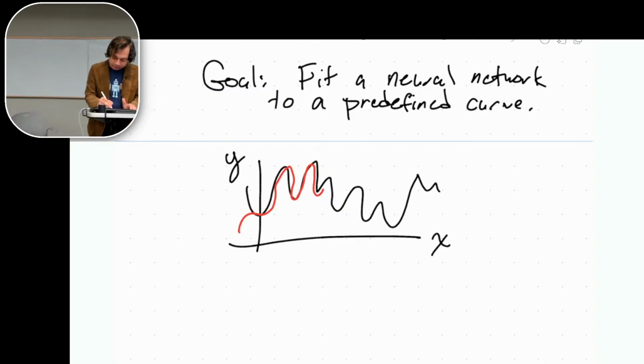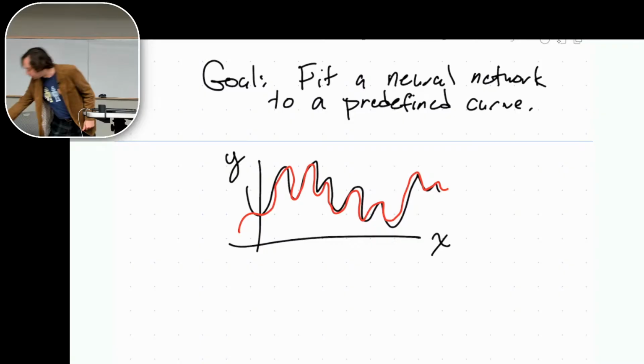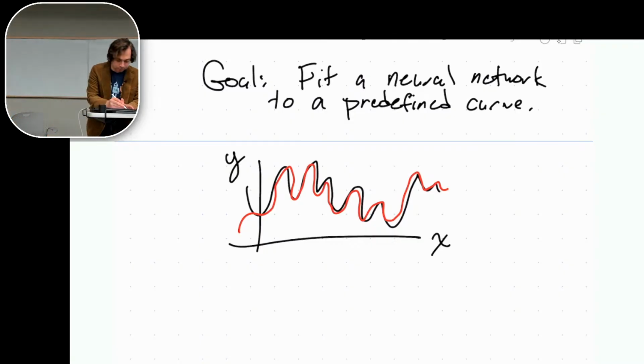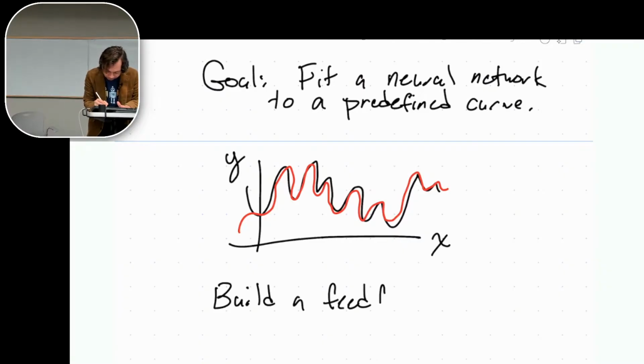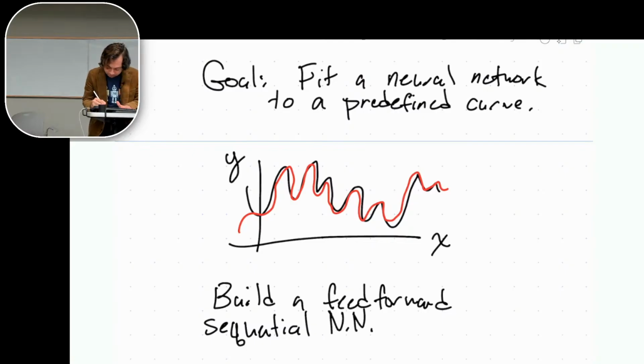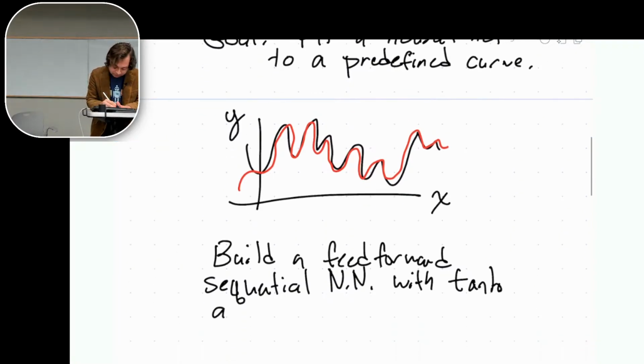All right? If we get it to approximate this, heck, maybe we can get it to approximate anything. Okay? And we're going to build a feed-forward sequential neural network, NN, with tanh hyperbolic tangent activations.